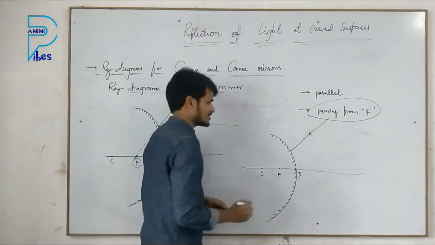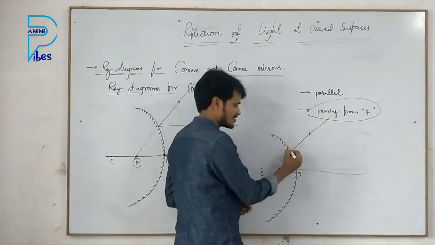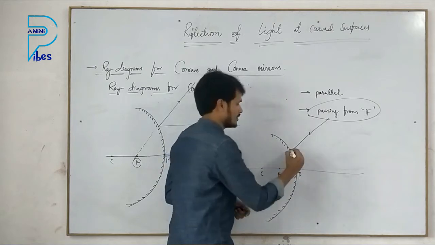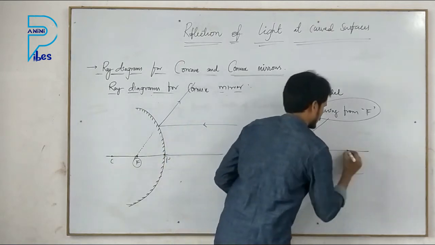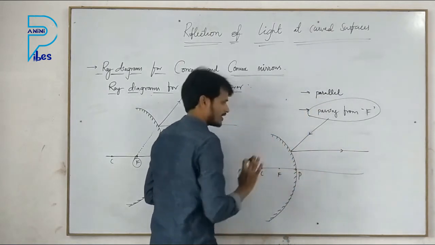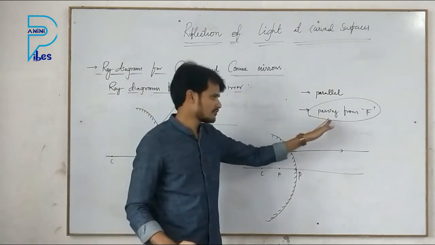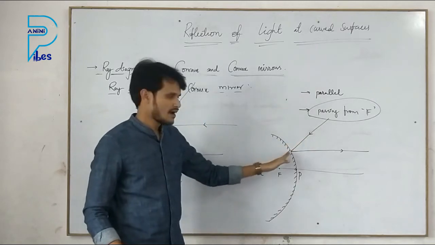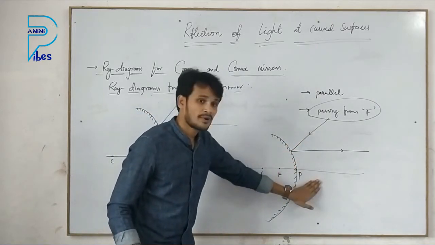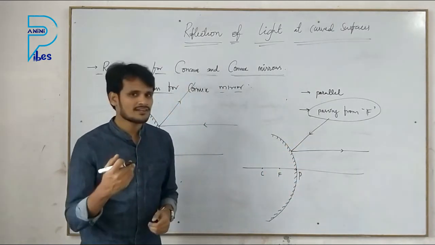After striking this convex surface, it is reflected back. The reflected ray should be parallel to the principal axis. In this case, one incident ray is coming like this, and after reflection the reflected ray is parallel to the principal axis. So what is our observation?